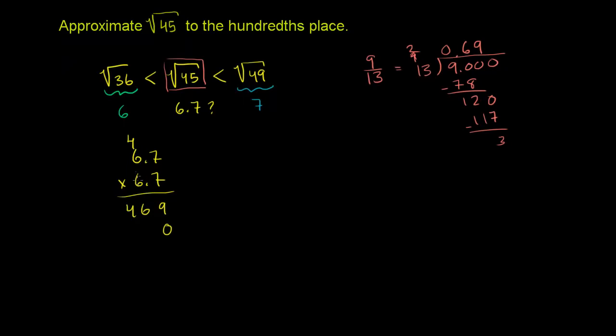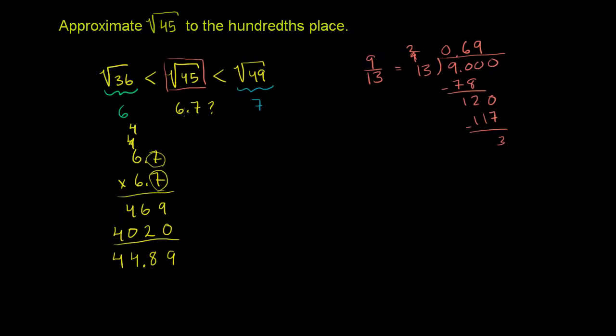Put a 0 now because we've moved a space to the left. So now we have 6 times 7 is 42. Carry the 4. 6 times 6 is 36, plus 4 is 40. And so 9 plus 0 is 9. 6 plus 2 is 8. 4 plus 0 is 4. And then we have a 4 right over here. And we have 2 total numbers behind the decimal point, 1, 2. So this gives us 44.89.